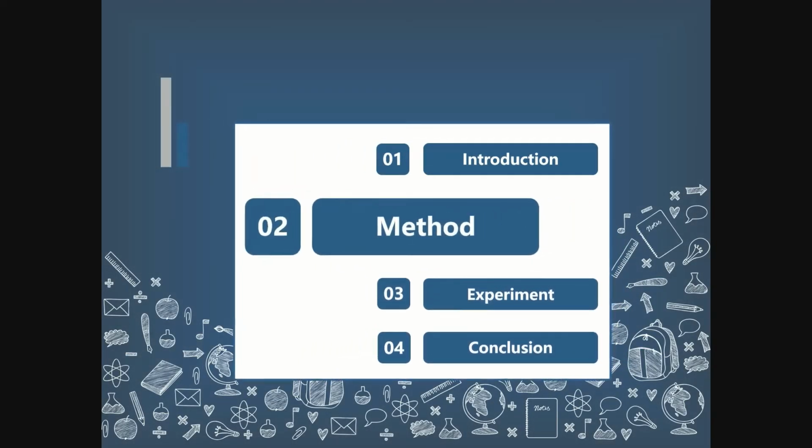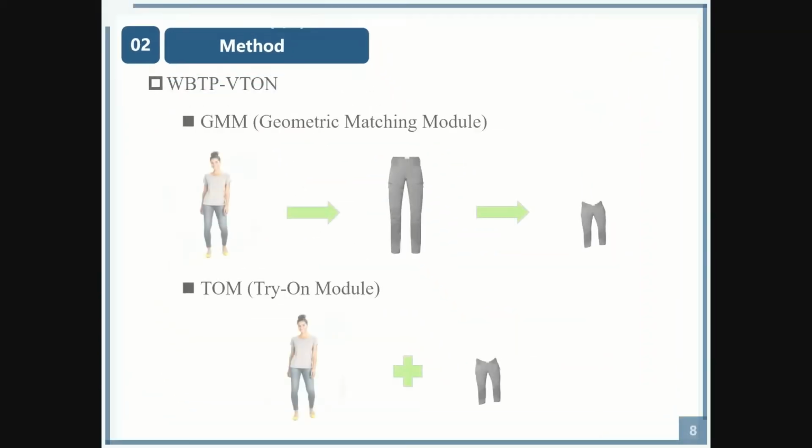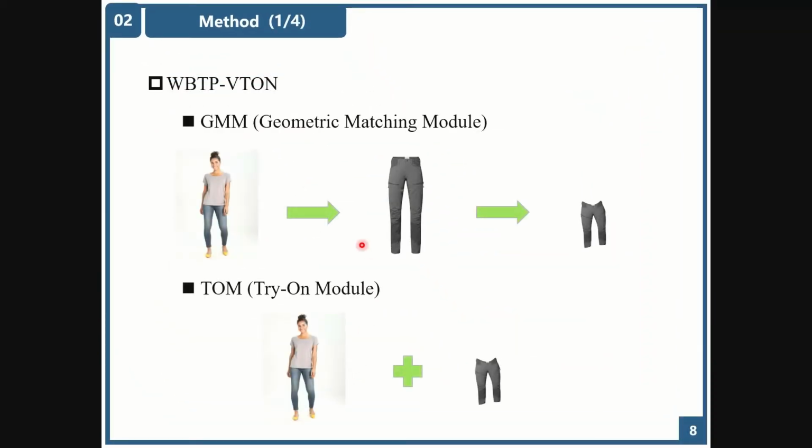Second section is the proposed method. Our proposed WBTP virtual try-on network architecture can be divided into two parts. The first is the Geometric Matching Module, GMM, which deforms the clothes or pants to match the input person pose.